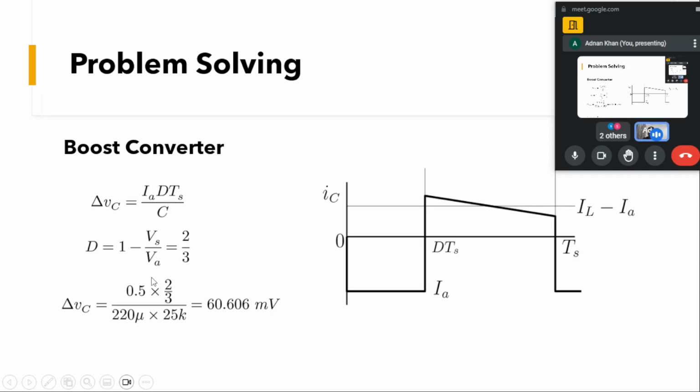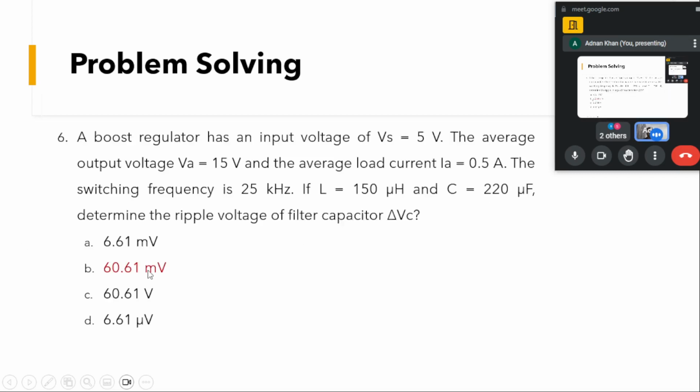C is 220 microfarad, and Ts is 1 by Fs, with 25 kilohertz. If we calculate that, the delta V ripple comes to around 60.606 millivolts. That's the answer: 60.61 millivolts is the answer to question number 6.